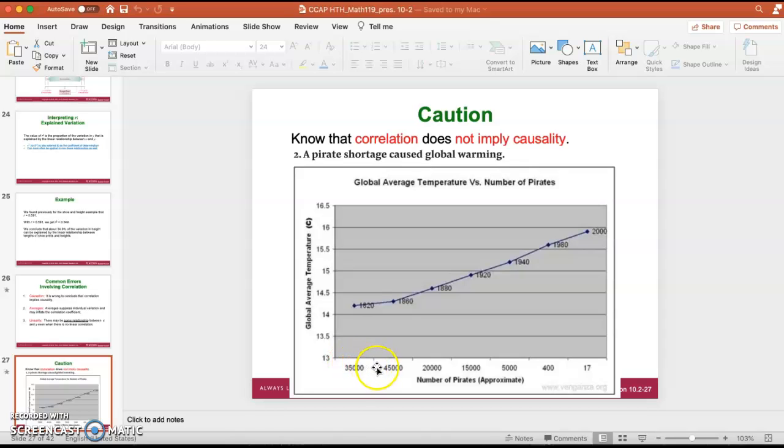Notice that the scale on the x-axis is going down, but it doesn't go down in a nice fashion. It goes from 35,000 to 45,000, then down to 20,000. So this isn't the best graph to illustrate this, but this data set is a common problem just to show that correlation does not imply causation.